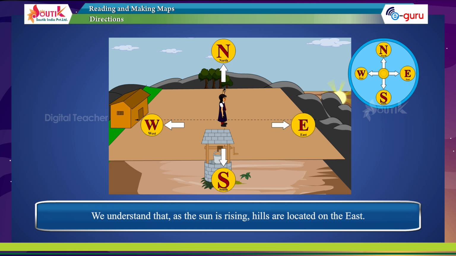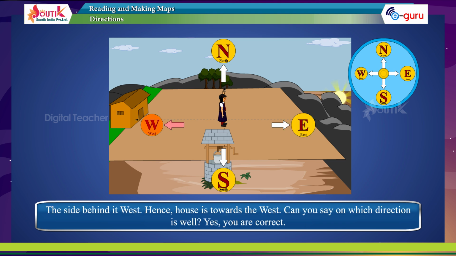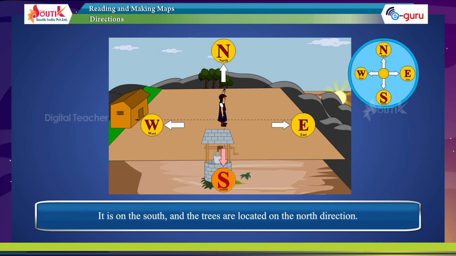The side behind it is west. Hence, the house is towards the west. Can you say in which direction the well is? Yes. You are correct. It is on the south, and the trees are located in the north direction.